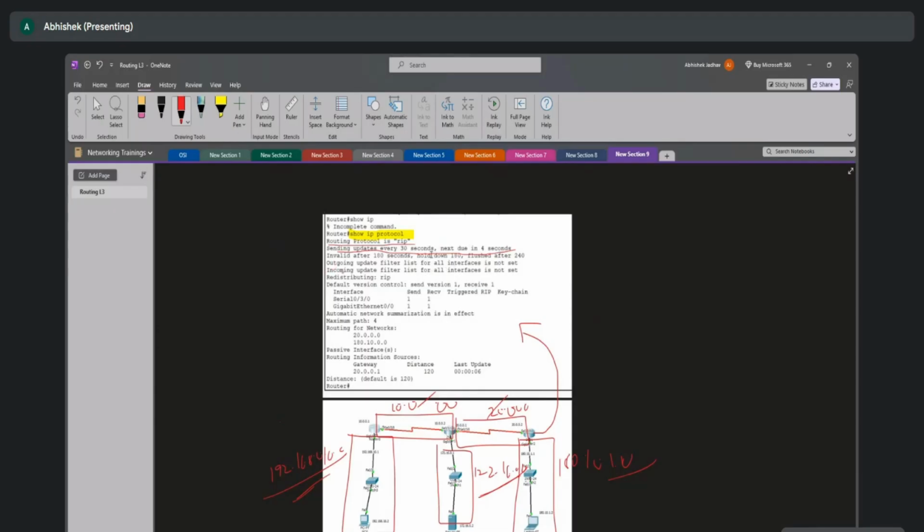There is all the other information here too. I think how many packets we have sent and how many we have received is what we are seeing here. And this is the interface details. If you see here, I have used a serial cable here, and I have used a gigabit cable here.